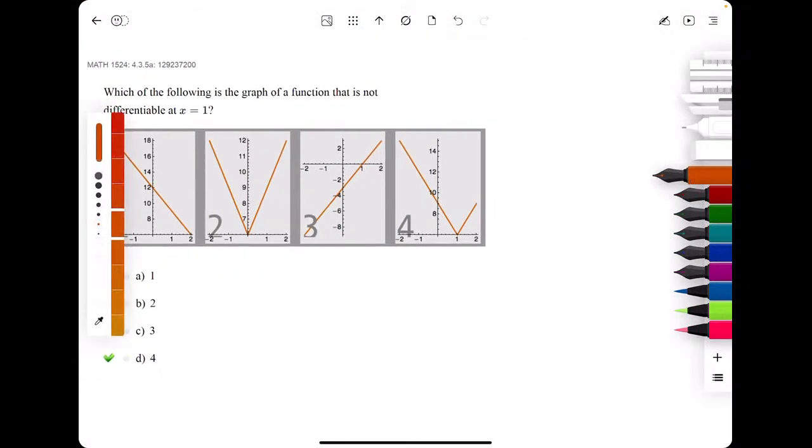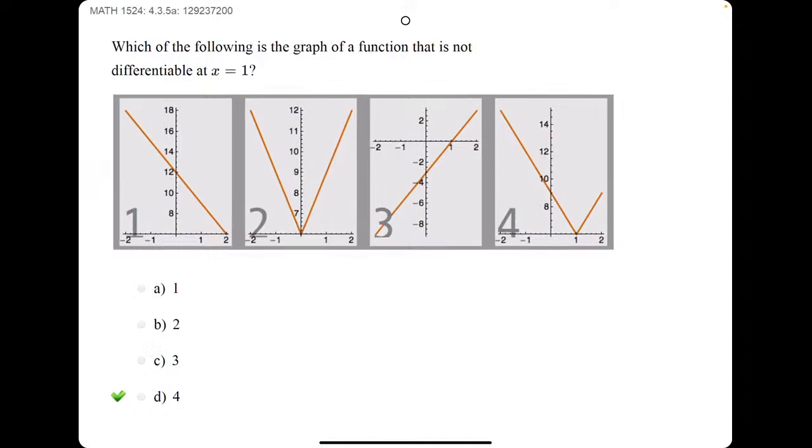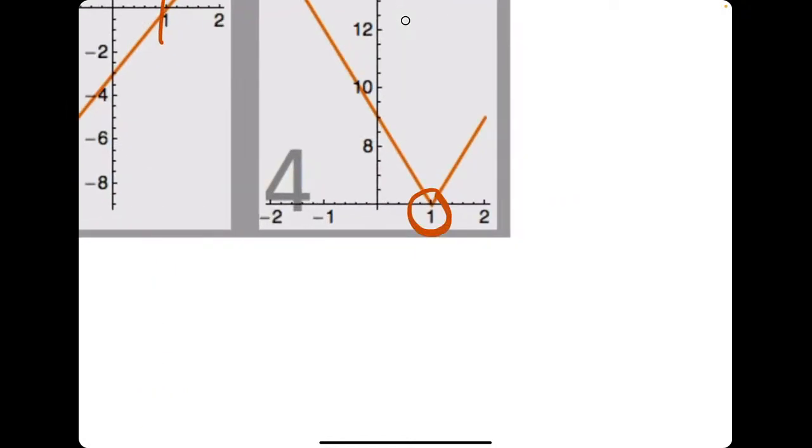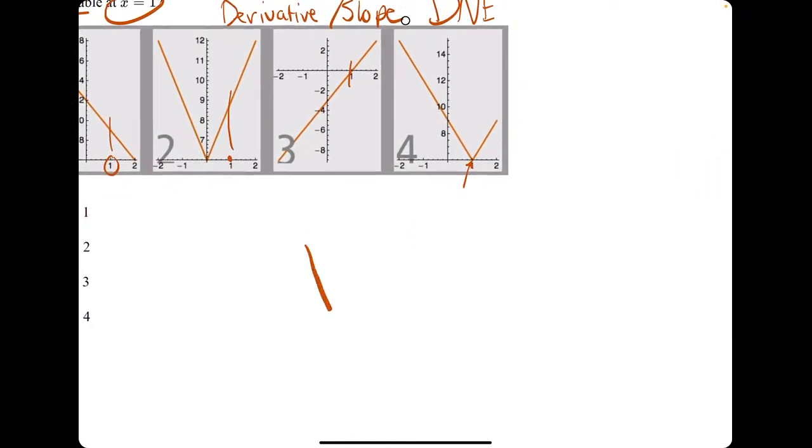All right. Quickly, which of the following is a graph of a function that's not differentiable, meaning the derivative does not exist? In other words, the slope does not exist at x equals 1. So we look about x equals 1, and we're looking for something peculiar, particularly that, in this case, at 1, this function has a sharp corner.